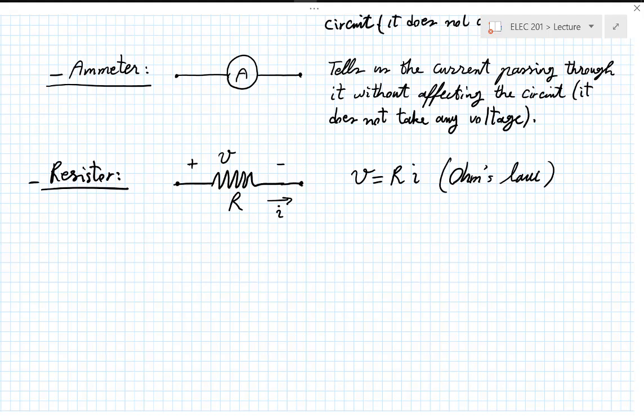They will grow proportionally. An ohmmeter is something that you connect to the two sides of a resistor, and it tells you the value of that resistor. Okay?